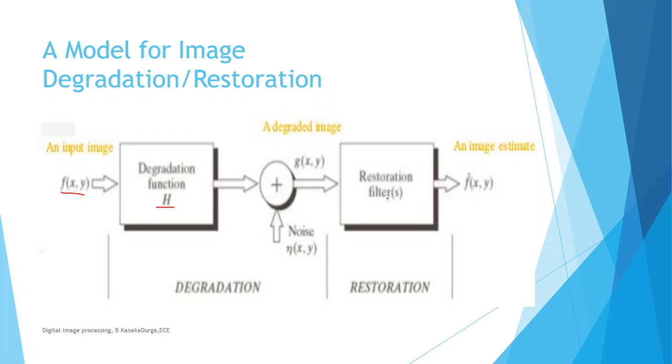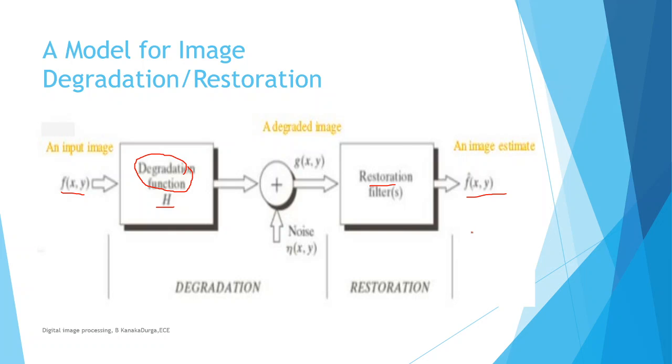In order to restore that image, I should have knowledge of the functionality of h and the noise process. Then I can apply the reverse process on the image, so that I can get back the original estimated image.